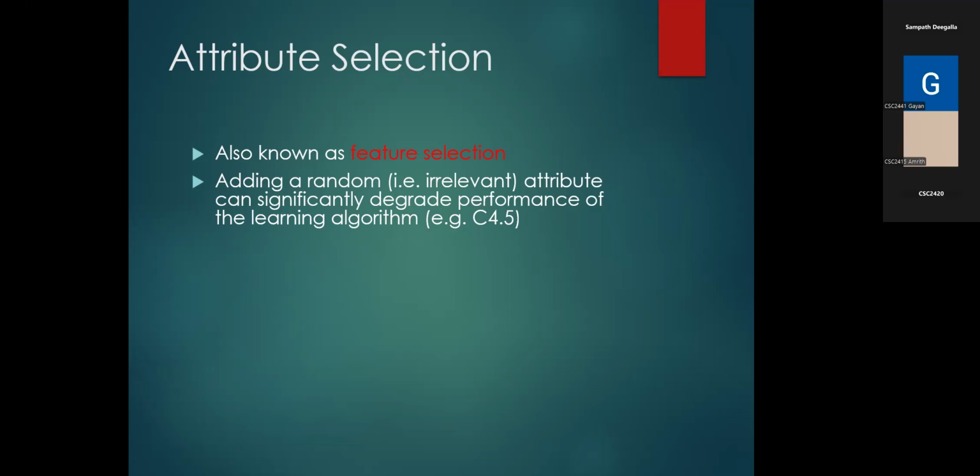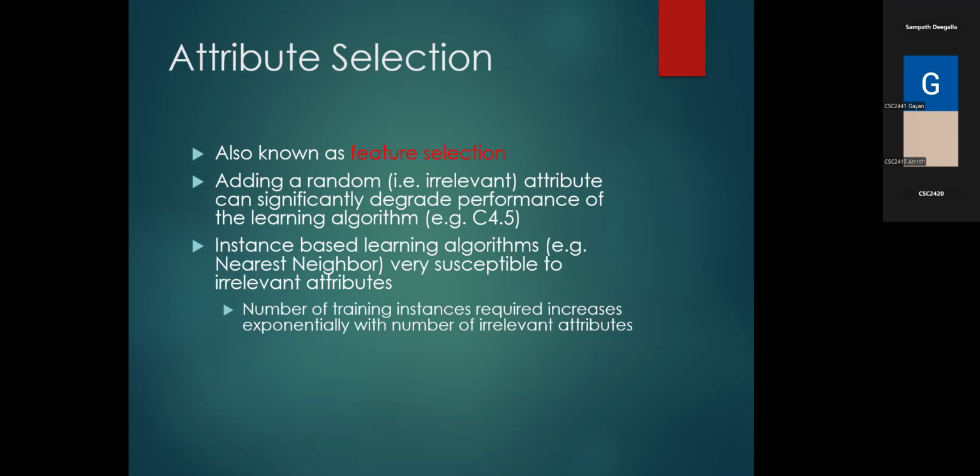When people worked with decision trees, they noticed that when you add random attributes, meaning you just create some random values and keep adding them, experimentally, the decision tree performance drastically reduces when you keep adding irrelevant features. In other words, when your data set has irrelevant features, you will get poor performance.